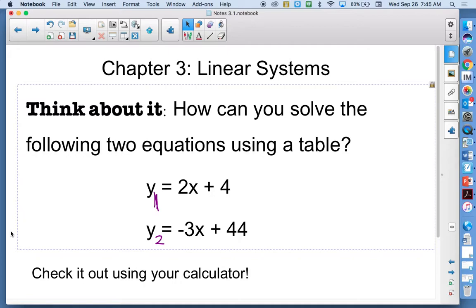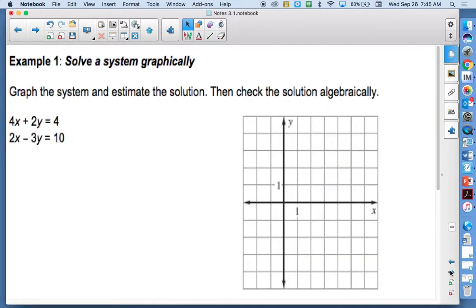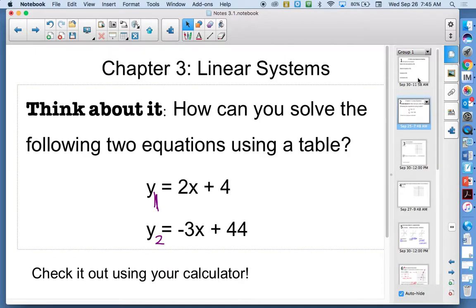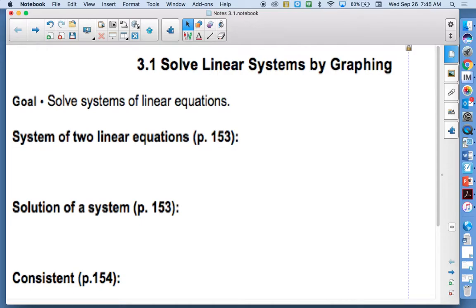And just to give a little review of some vocab terms. First term we have here is a system of 2 linear equations. So Julian, what makes it a system of 2 linear equations? What does that mean?